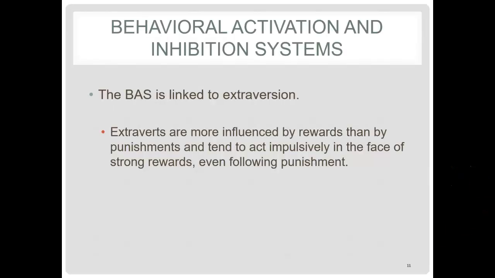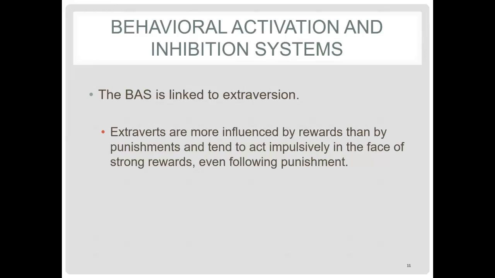Okay. So the behavioral activation system is linked to extroversion. We know that extroverts are more influenced by rewards than by punishments. Rewards are much, much more effective with extroverts. And extroverts tend to act impulsively in the face of strong rewards, even if they've just been punished for being impulsive.